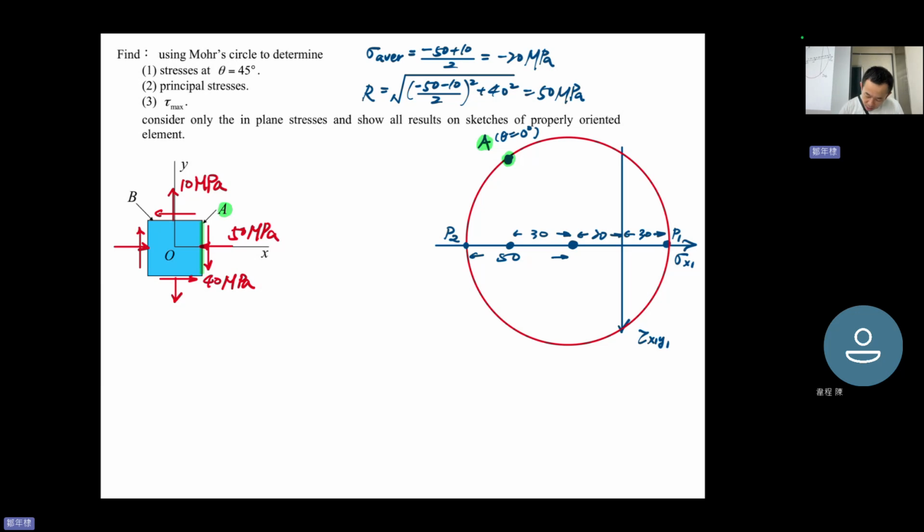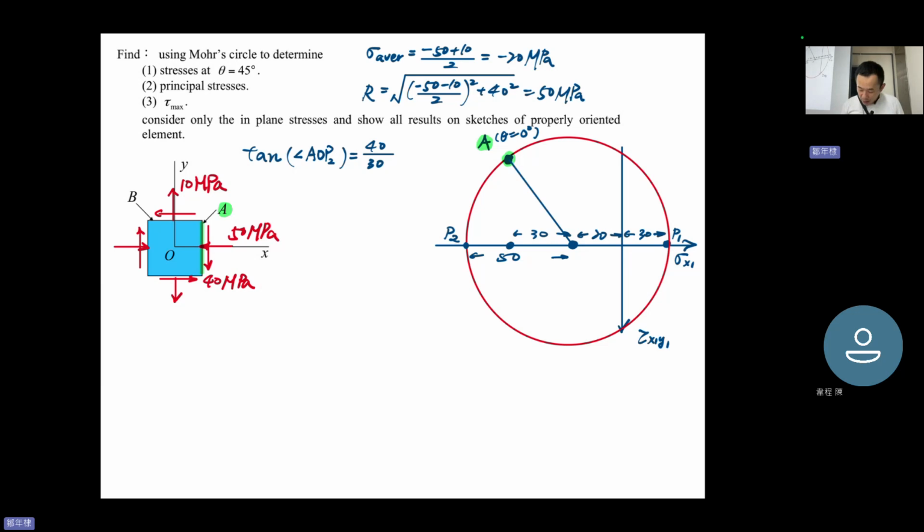So I want to get this angle, called angle AOP2. And what is angle AOP2? We can use the tangent of AOP2 equal to what? Equal to 40 divided by 30, right?